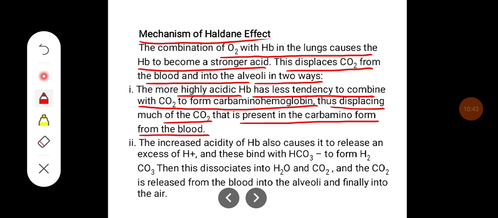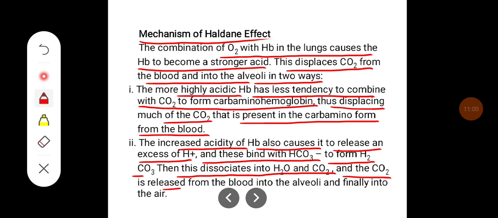The second is that the increased acidity of hemoglobin also causes it to release an excess of H+ ions, and this binds with bicarbonate to form carbonic acid. Then this dissociates into water and carbon dioxide. Then the carbon dioxide is released from the blood into the alveoli and finally into the air.